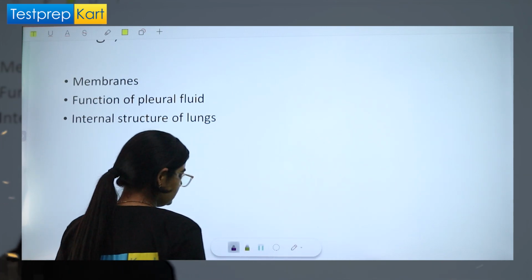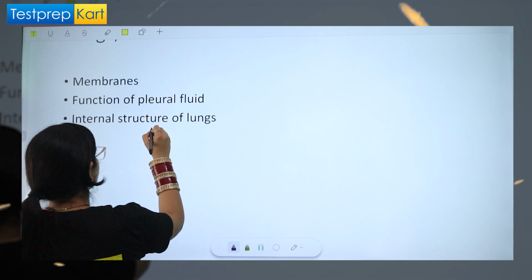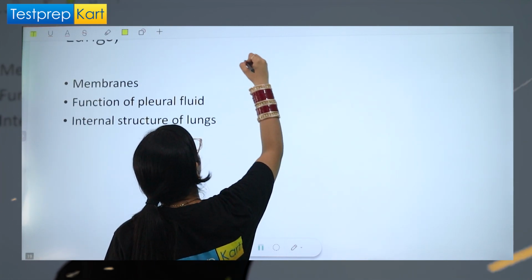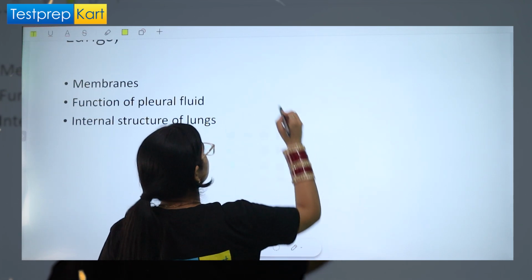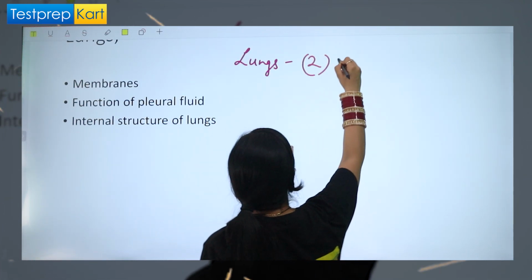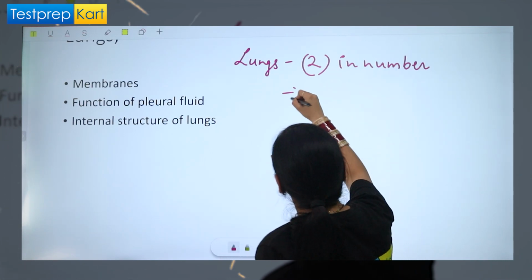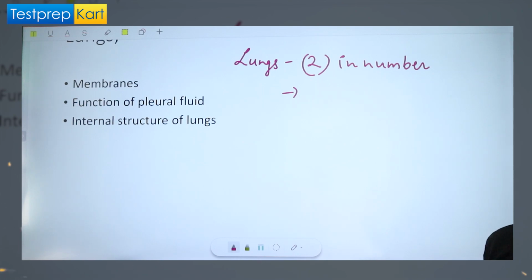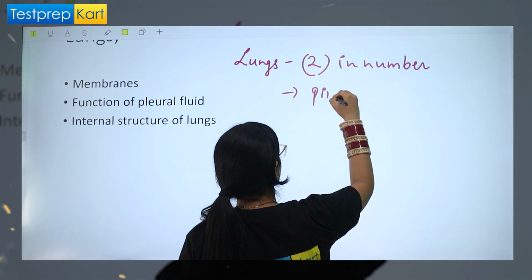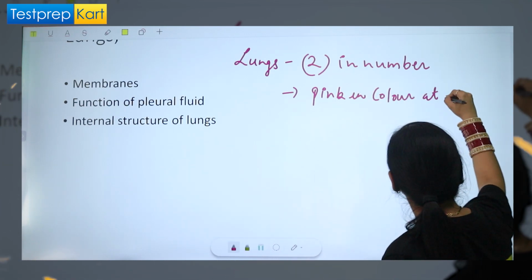When we talk about the lungs, they are two in number. We have seen that it is pinkish in color during birth, right? Pink in color at birth.